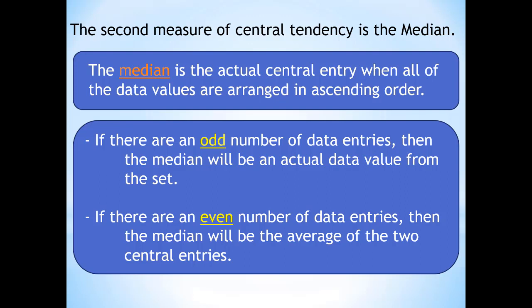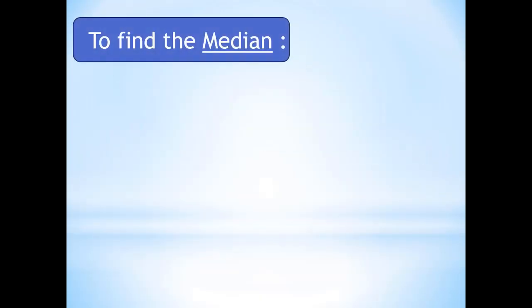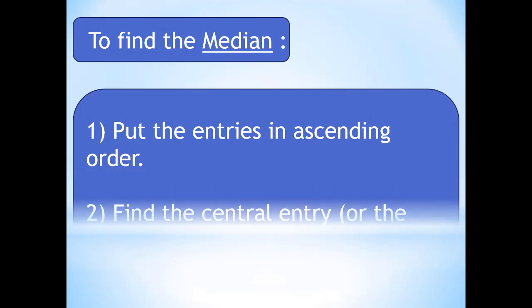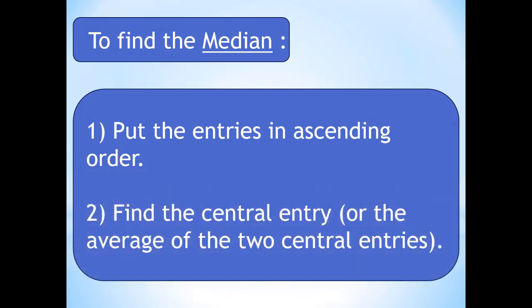If there are an even number of data entries, you'll have to take the average of the two in the middle. So how do we find the median? Well, first thing we have to do is arrange our data set in ascending order. And once we've done that, we're either going to find our central entry, if there were an odd number of entries, or we're going to find the average of the two central entries, if there were an even number of data entries.